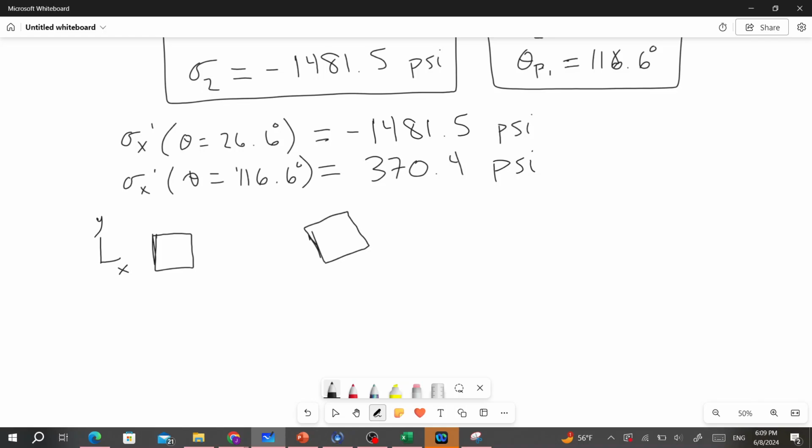The maximum principal stress, with reference to x, is rotated 116 degrees, so that's going to be on this face, and it's tensile, so that's sigma 1. And then the minimum principal stress is rotated by 26.6 degrees from the x-axis, and that one's compressive, because sigma 2 is negative in this case.